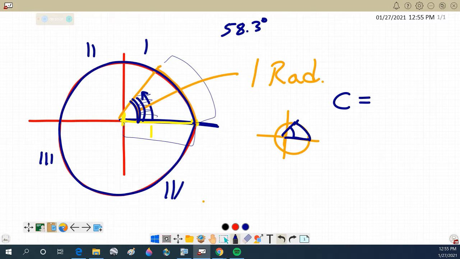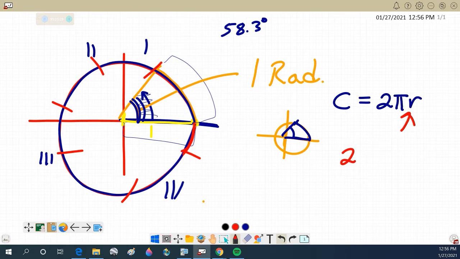Circumference equals 2 pi r. How big is r? 1 radius. Okay, so as I go around, 1 click, 2 clicks, 3 clicks, 4, 5, 6, and a little bit. Because when I plug 1 in there, I get 2 pi, which is 6.28.